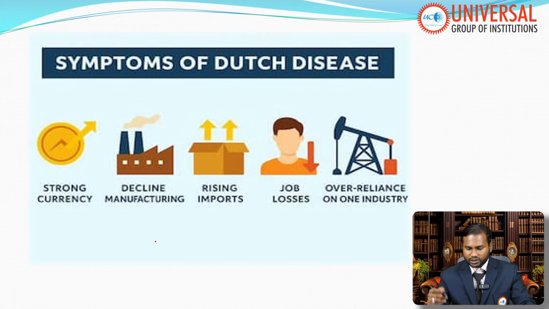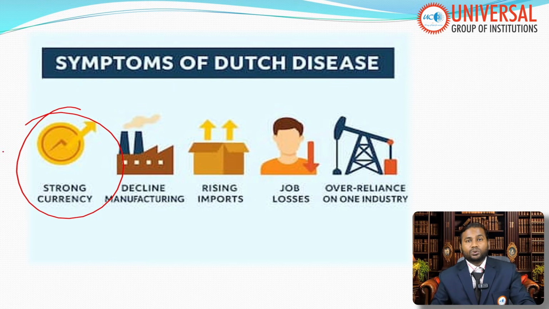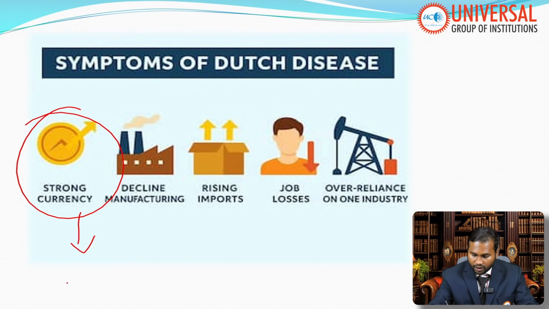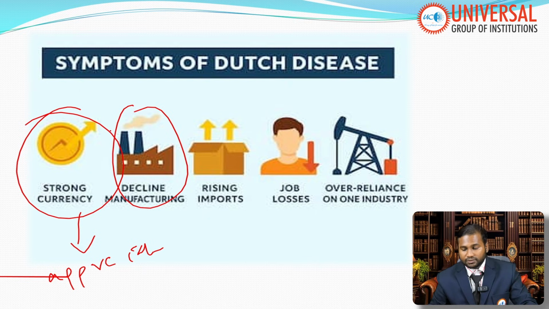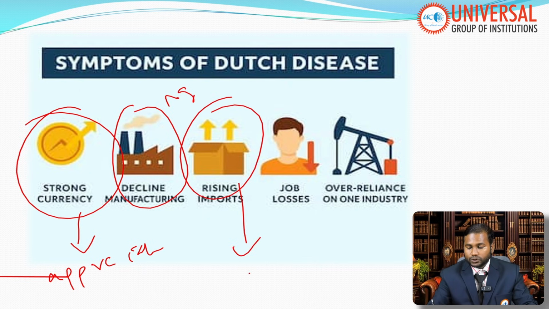So how does it work? When one sector is doing well, be it oil for Venezuela or natural gas for the Dutch, where the actual meaning of Dutch disease started, the currency of that country appreciates. Of course, it declines the manufacturing sector and other sectors as well, be it agriculture, and the prices of imports rise.